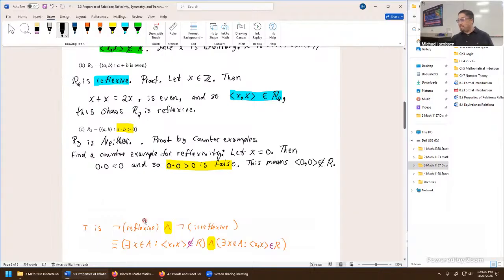Sorry, just a lot of properties swimming in my head. So we showed that the negation of this is true. There really exists an element. 0 does the job. Let's make our conclusion. This means R3 is not reflexive.